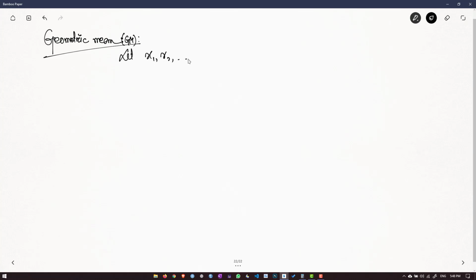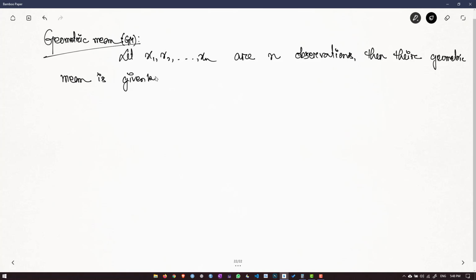Let x1, x2, up to xn be n observations, then their geometric mean is given by GM equal to, you will have to multiply them, x1 into x2 up to xn, and raise the power to the number of observations.